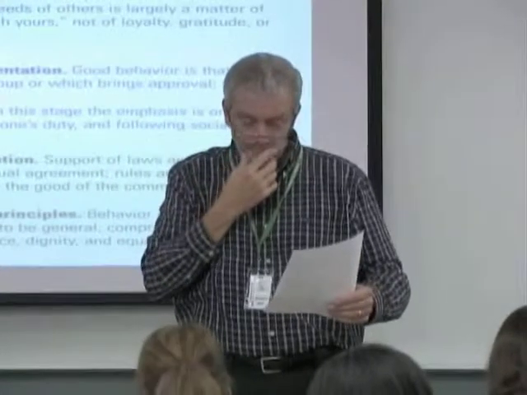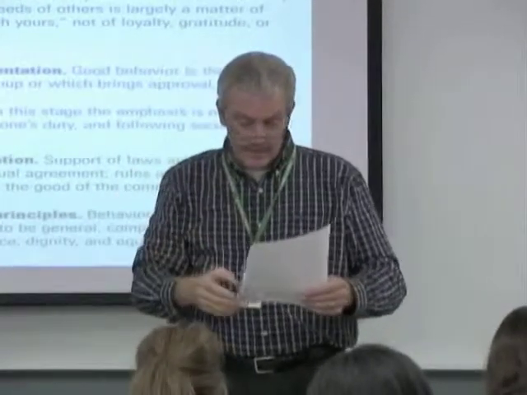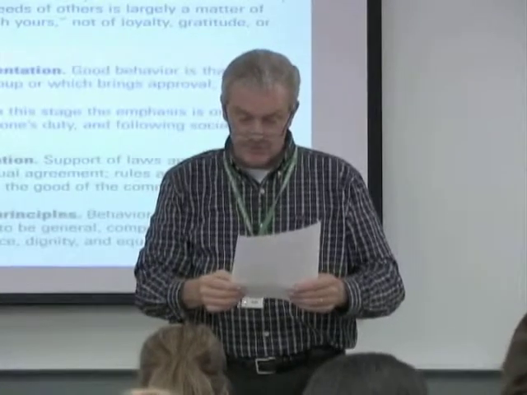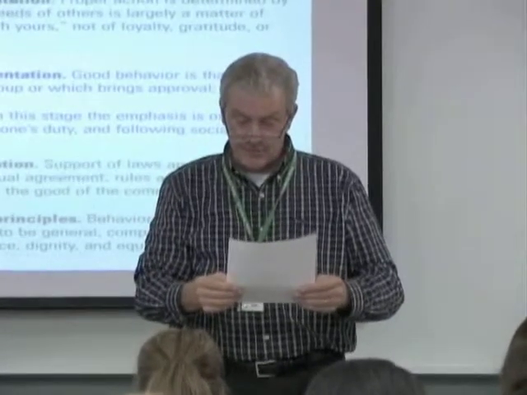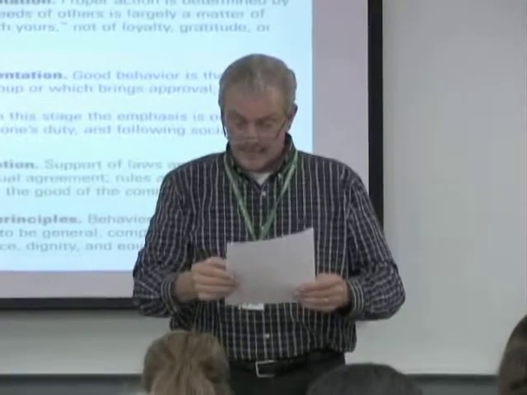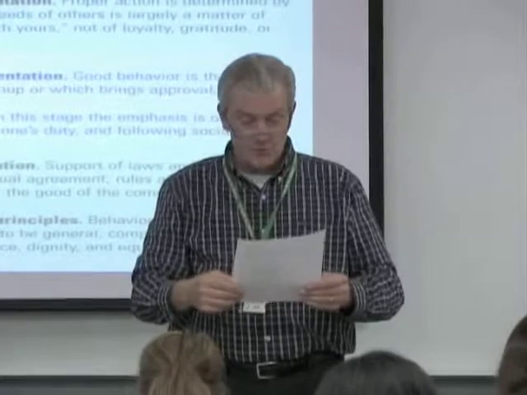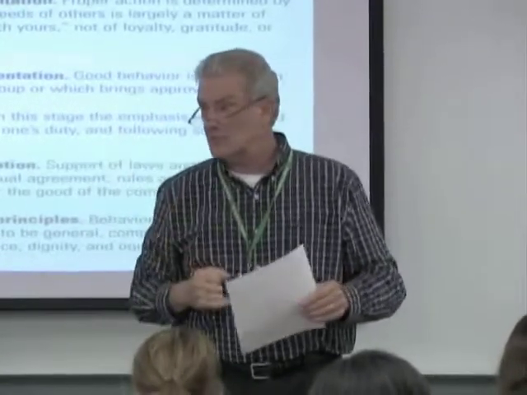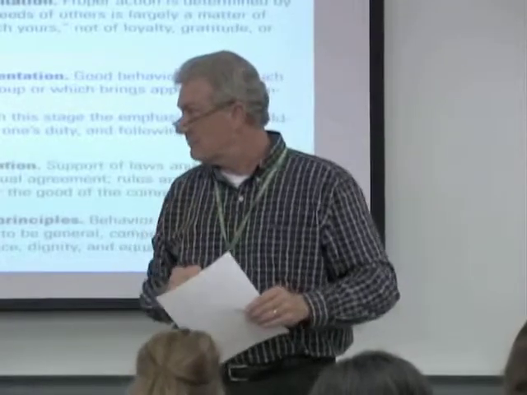Now, let's say that number 12 was level 5, number 10 was level 5, number 8 was level 6, and let's say number 1 was level 4. Let's say that those 4 were your most important ones. Kohlberg would say you have a very high level of moral judgment.